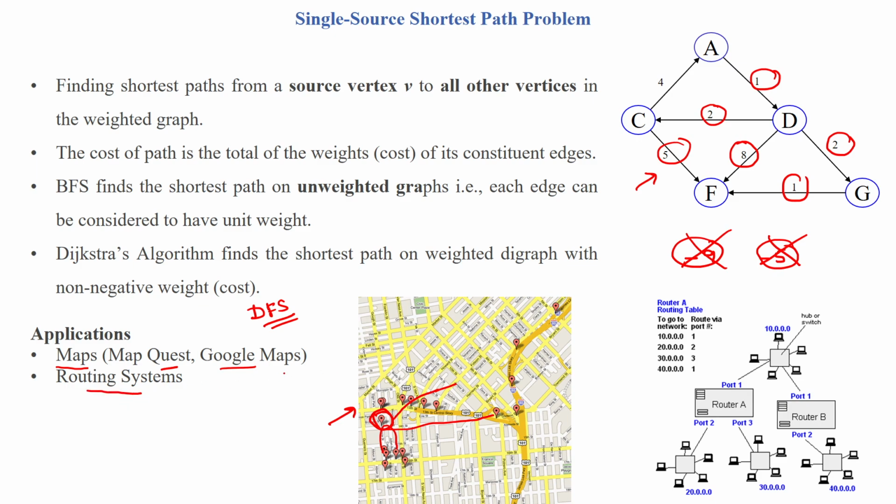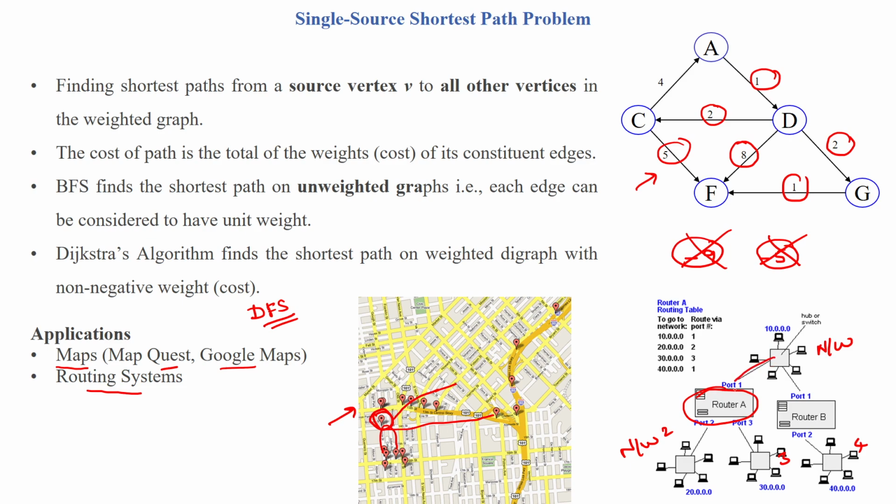In the routing, look at here, different networks are there. This is network 1, this is network 2, network 3, network 4. In between we are having routers to route the data from one network to another network.